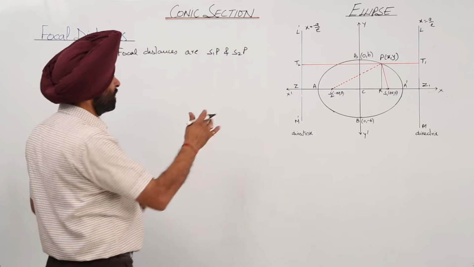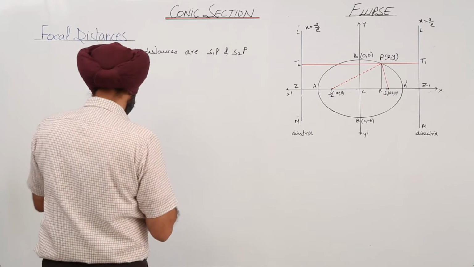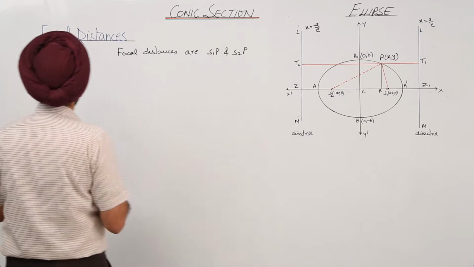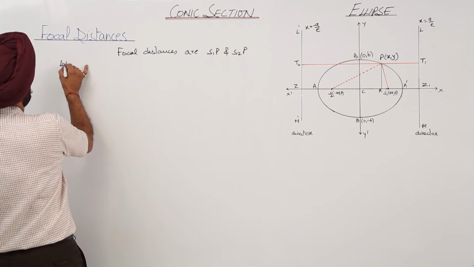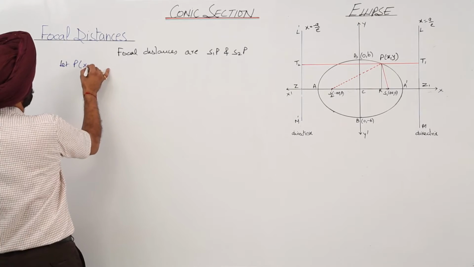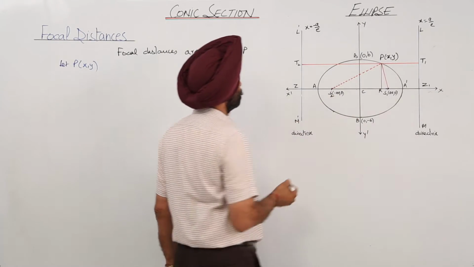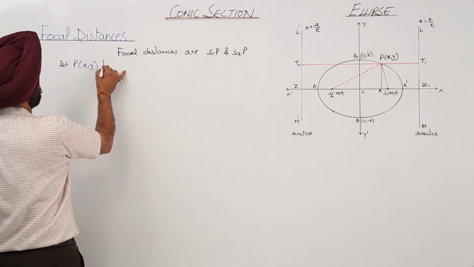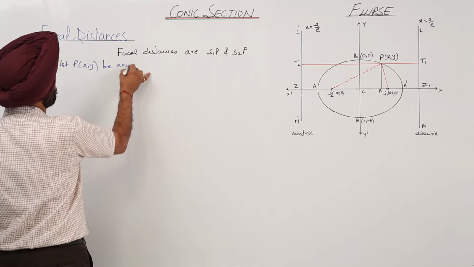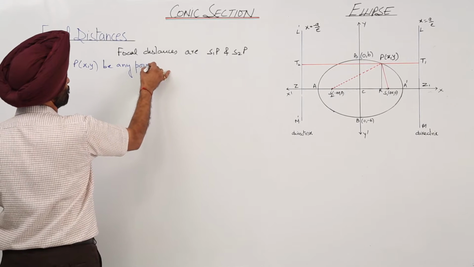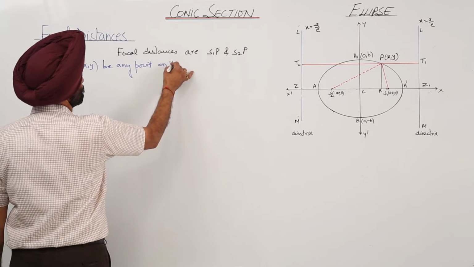Okay. So now according to the figure, let a point P (x, y), which I already showed you, be any point on the given ellipse.